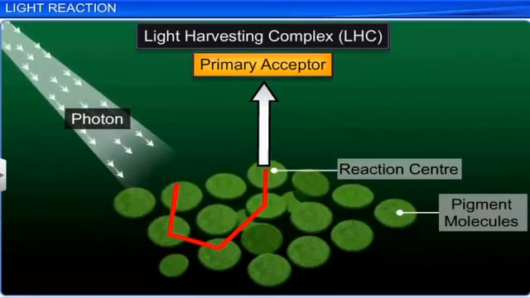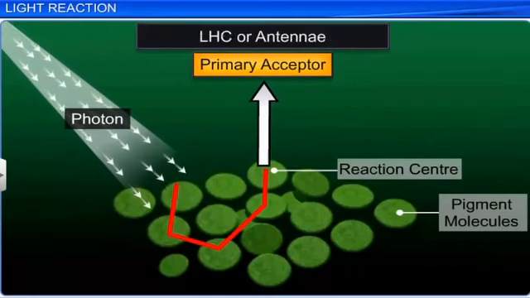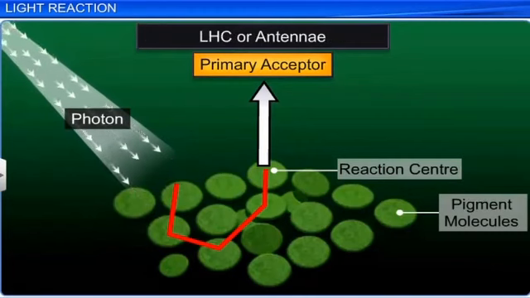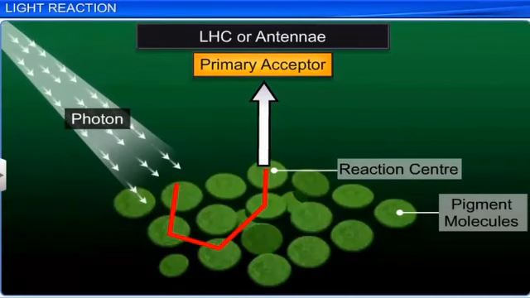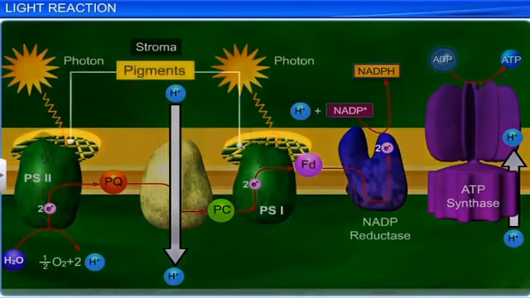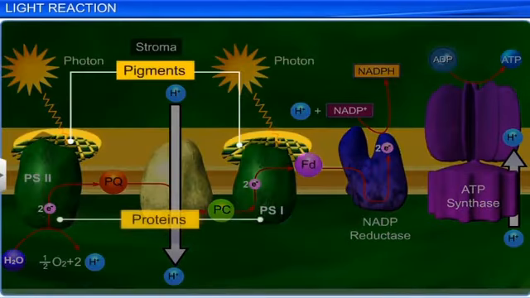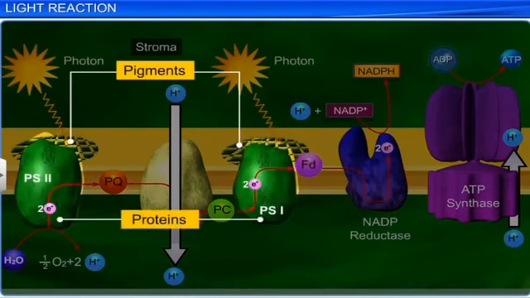Light-harvesting systems, or LHCs, also called antennas, are made up of many pigment molecules except a single molecule of chlorophyll A. These pigment molecules are bound to proteins and absorb different wavelengths of light and help increase the efficiency of photosynthesis.